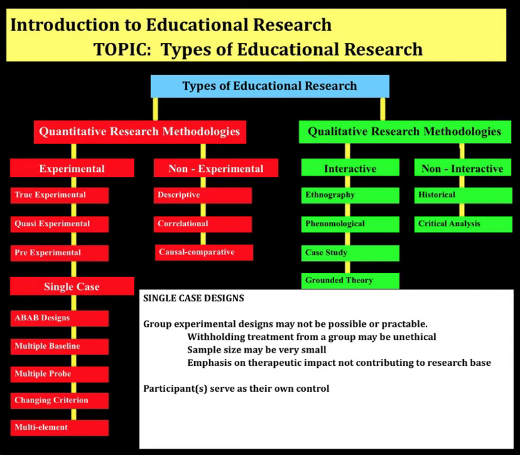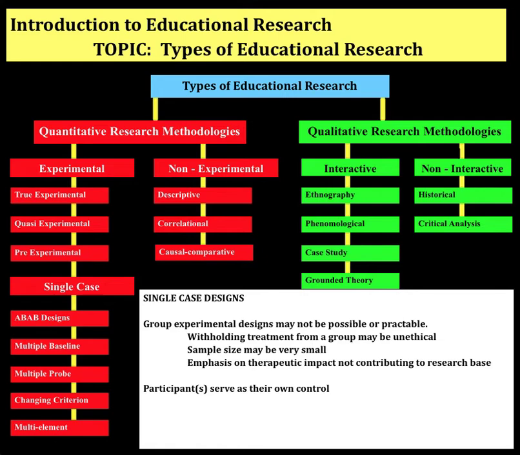Another reason for single case designs is sometimes sample sizes are way too small. If we wanted to do some research on, let's say, individuals with spina bifida in the public school system in Northern California, well, there are not going to be a great many individuals with spina bifida in Northern California that we could create a large sample and then randomly assign some students with spina bifida to a treatment and some to a control group.